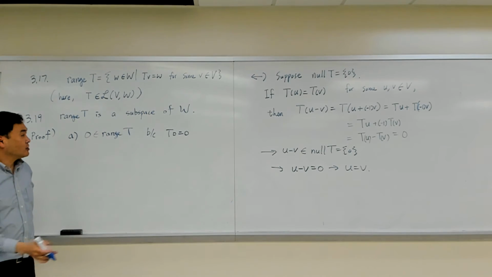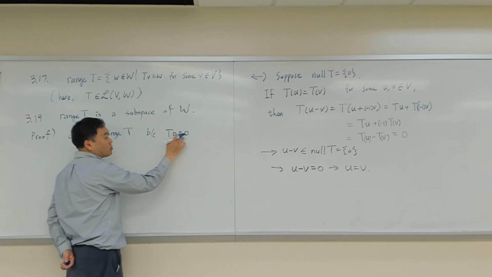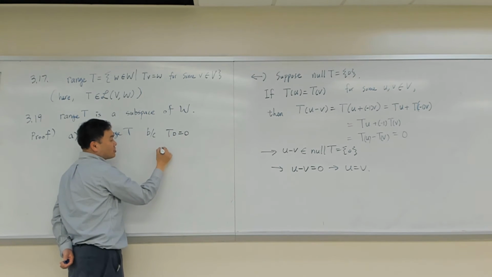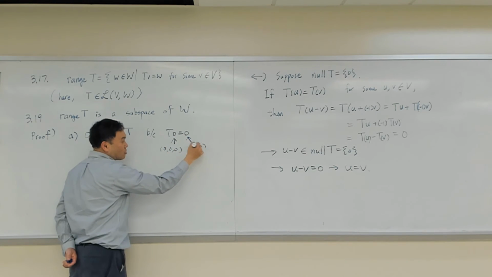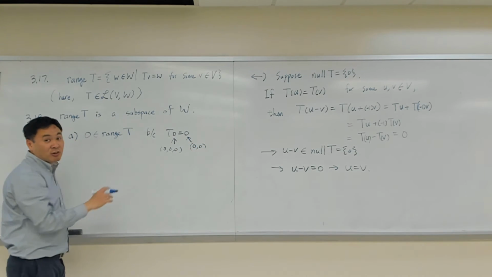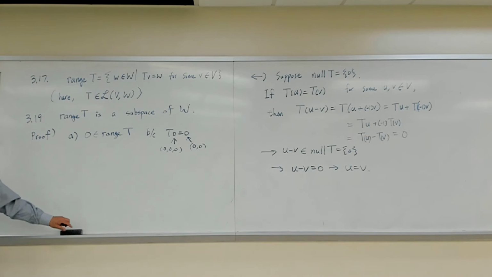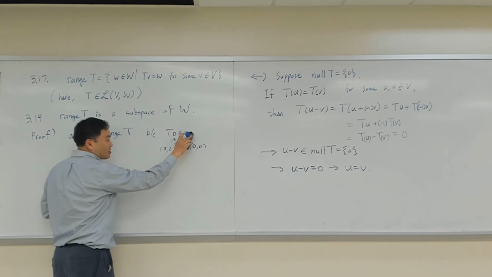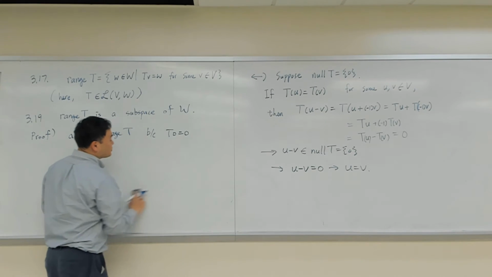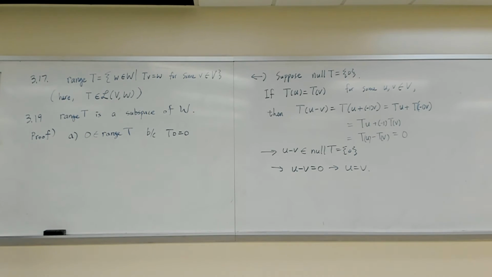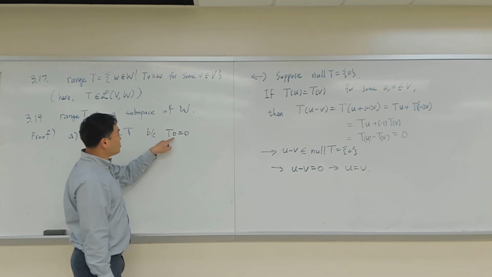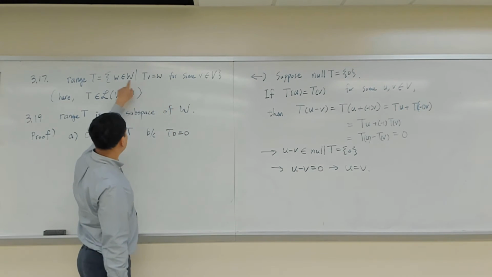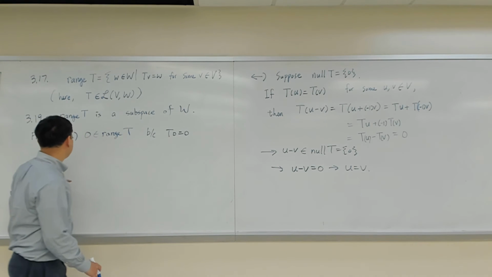So for example, if this was from R3 to R2, this is really 0, 0, 0 on the left one, this is 0, 0. So even if I'm using the same 0, don't think of those two zeros as exactly the same, they're different. One is in V and the other is in W. But definitely, because T of 0 is 0, 0 is always in the range of T.